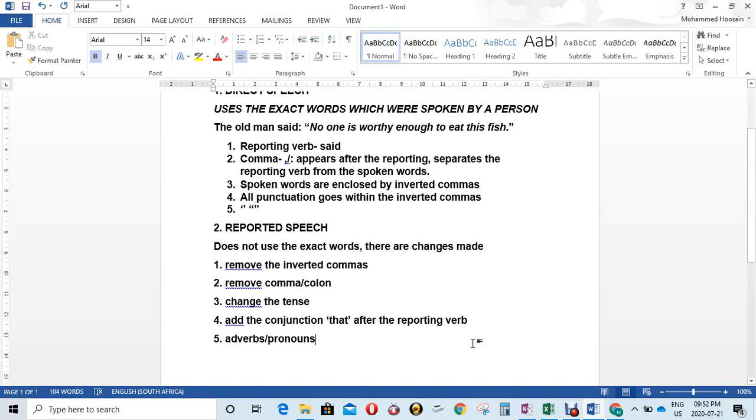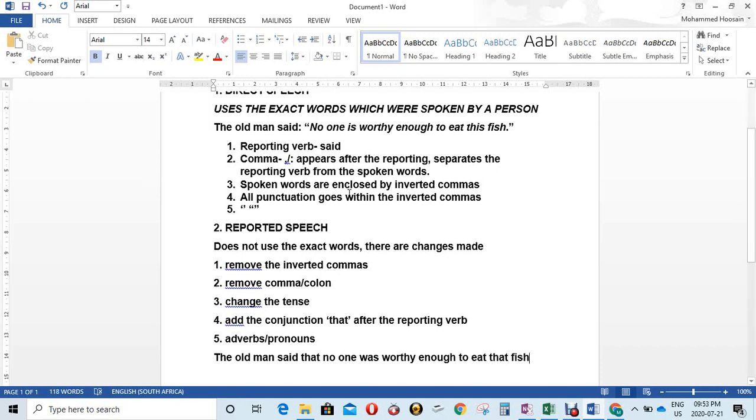Firstly, we're going to say the old man said. Everything up to this point is the same as direct speech. Said that. Have you noticed that I haven't used a colon or a comma? The old man said that no one was worthy enough to eat that fish.